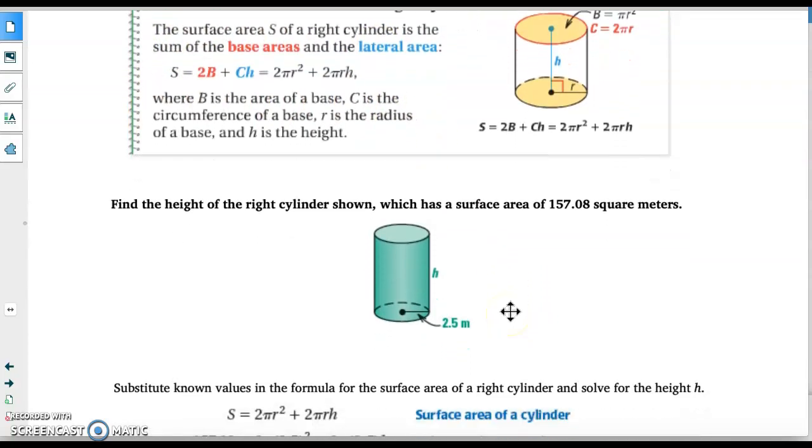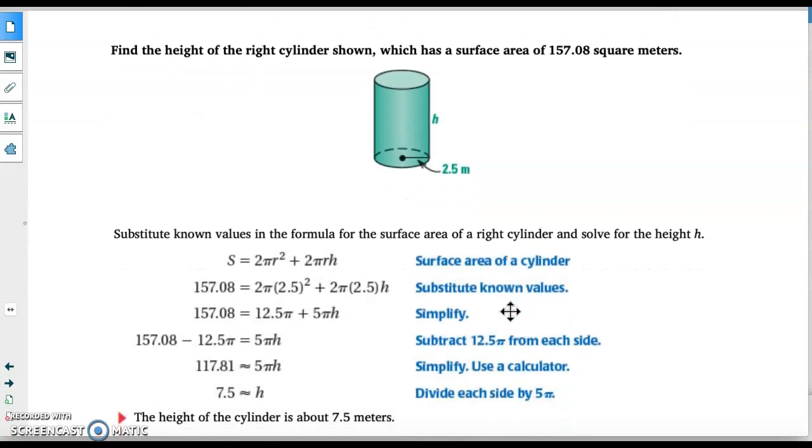So I know that the surface area of a cylinder is equal to 2 times the area of the circle of the bases plus the circumference of that circle times the height, right? And in this case, the height is what we don't know. That's what we're trying to find. We know that the surface area is 157.08.